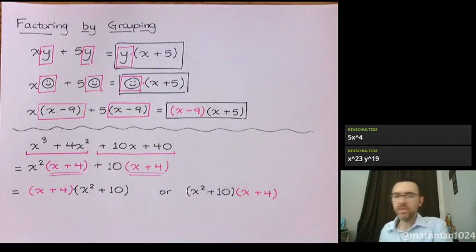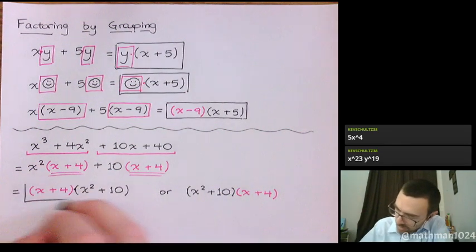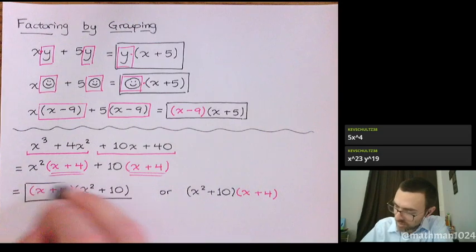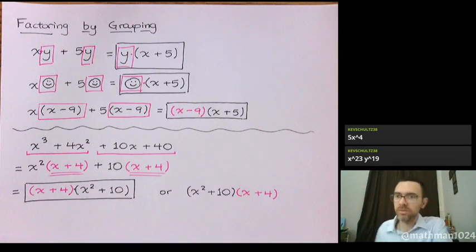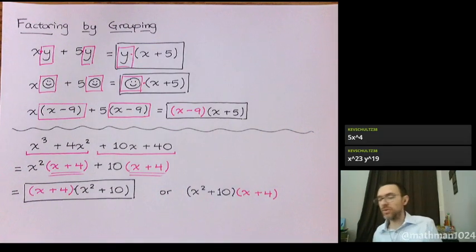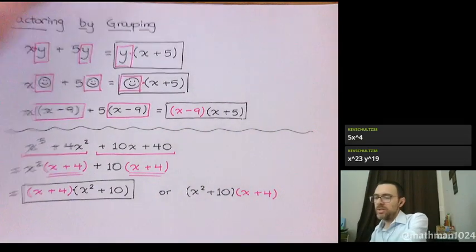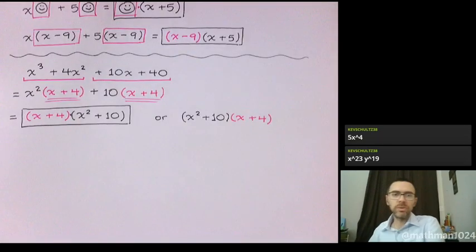It doesn't really matter because these guys are exactly the same. And that's just one of the fantastic things about multiplication and factoring in general. Factoring is totes the bomb or something like that.